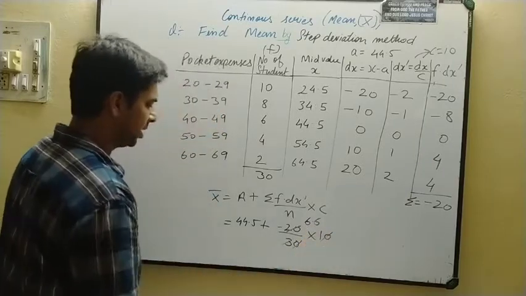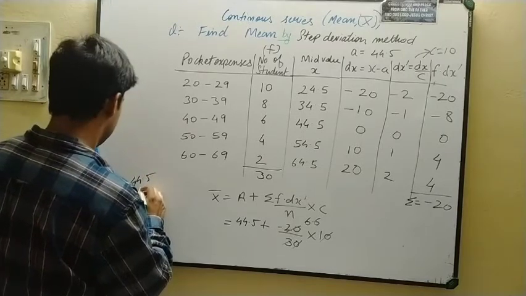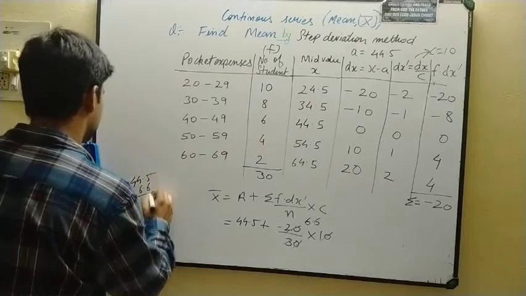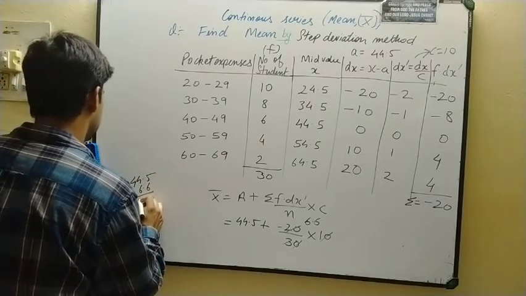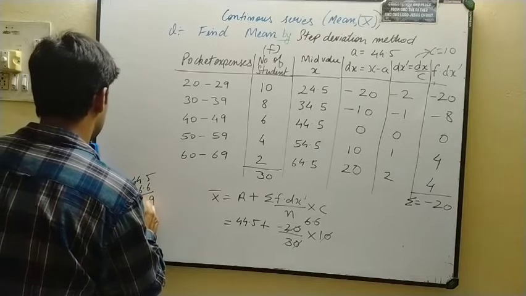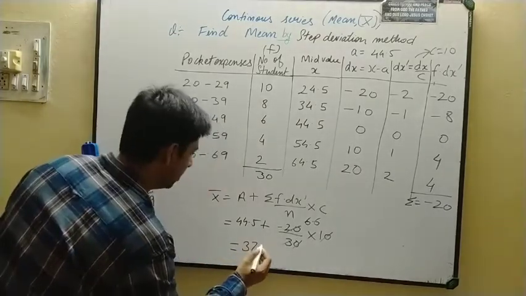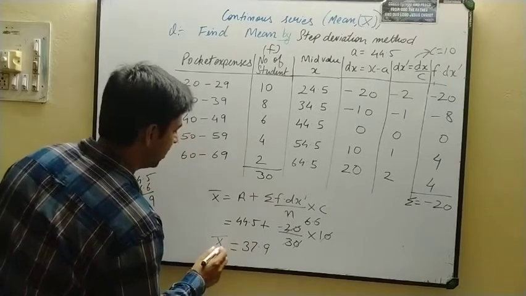So it is 6.6 something. So we can do it like 44.5 minus 6.6. This is going to be the answer. 44.5 minus 6.6 is 37.9. So this is going to be your answer, 37.9.